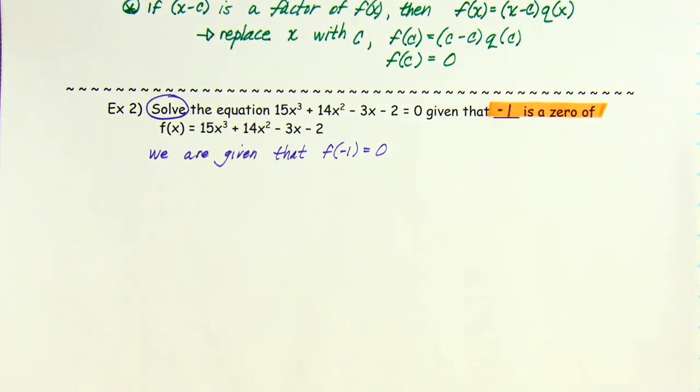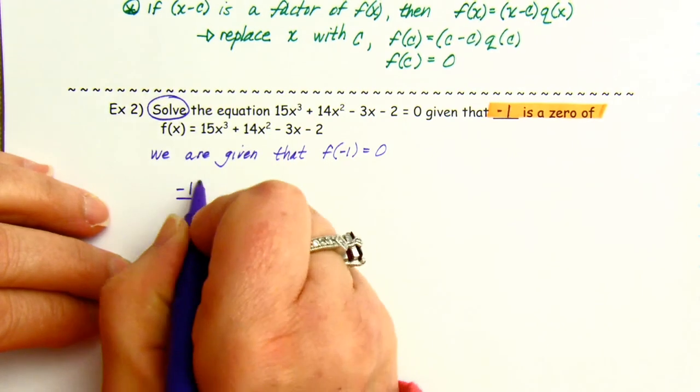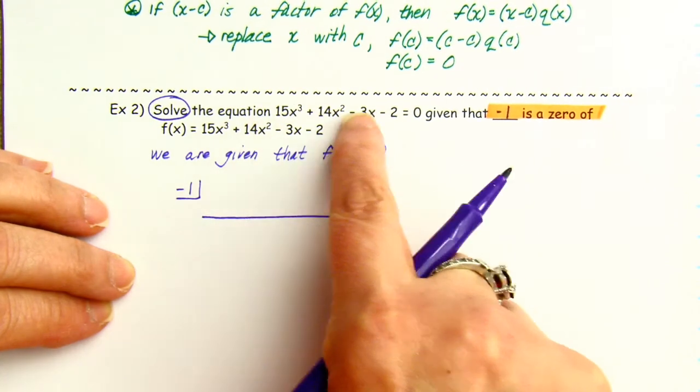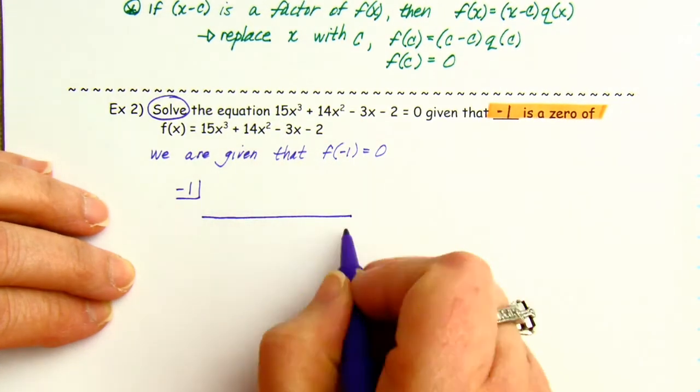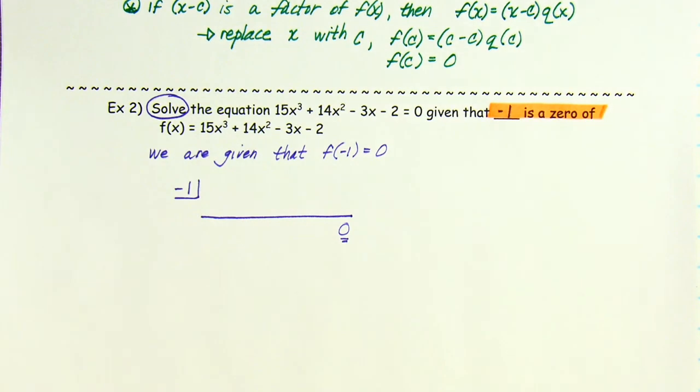So when I set up synthetic division, right, this is f of c equals 0, -1 in the half box. How many terms do I have? 3, 2, 1, none. I've got 4. This has to equal 0 right there. All right? They're telling us that -1 is a 0. We know that f of -1 equals 0. That's f of c equals r. The remainder has to be 0. All right? I'm going to put my coefficients here.